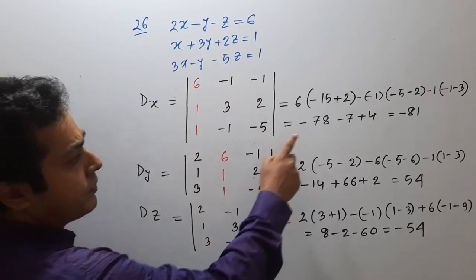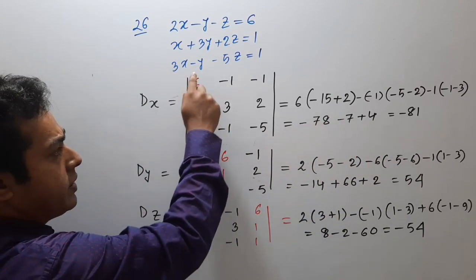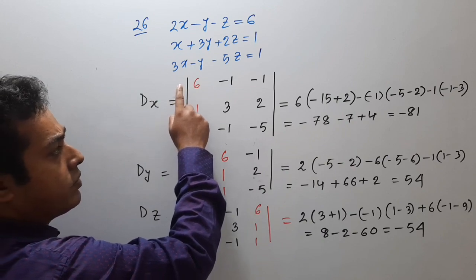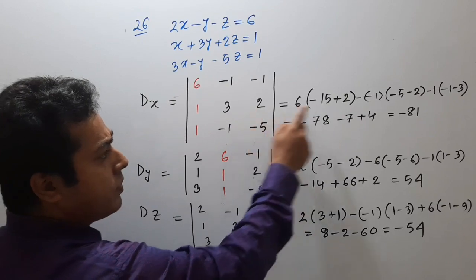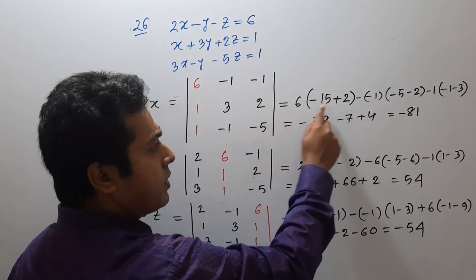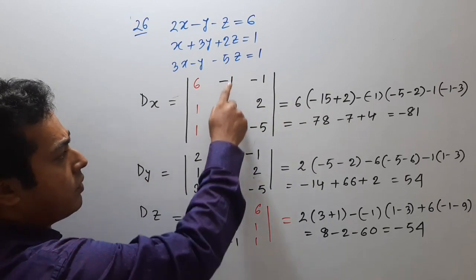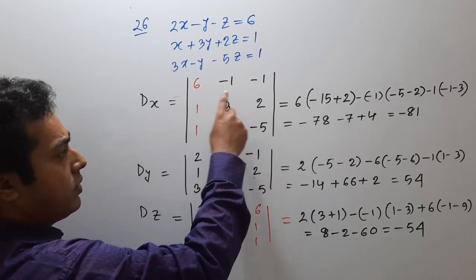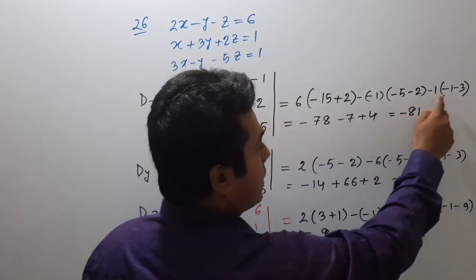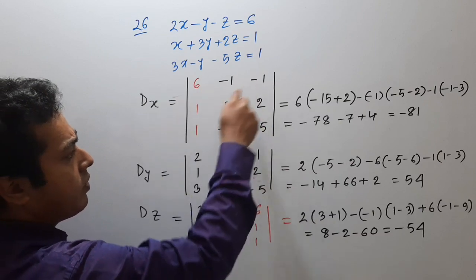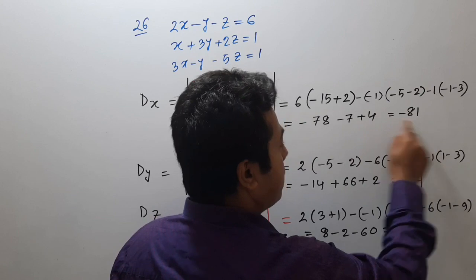For 6, ignore its row and column: minus 15 plus 2. For minus 1, minus 5 and minus 2. For minus 1, minus 1 and minus 3. The value is minus 81.